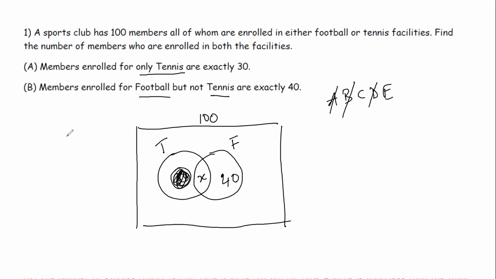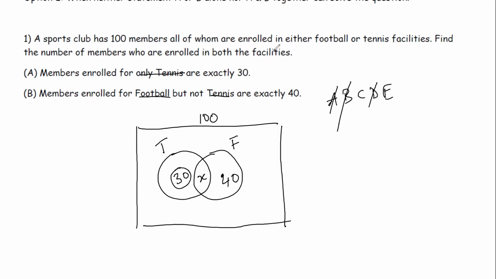But when we look at both of them, then we don't get the answer, do we? Yes, we do get the answer, because it says out here, all of whom are enrolled in either football or tennis facilities, which means that the part outside the circle is zero.